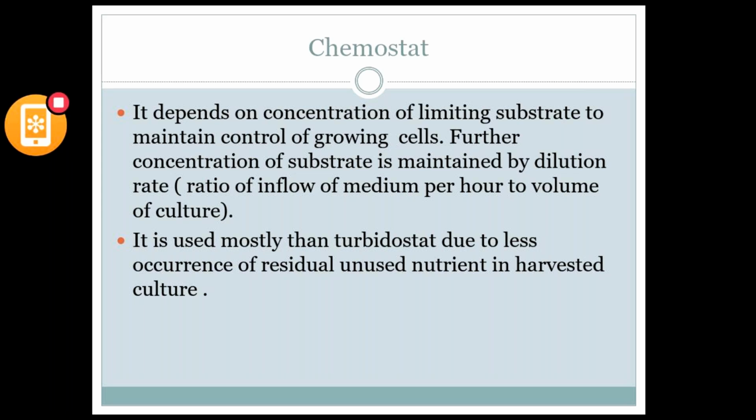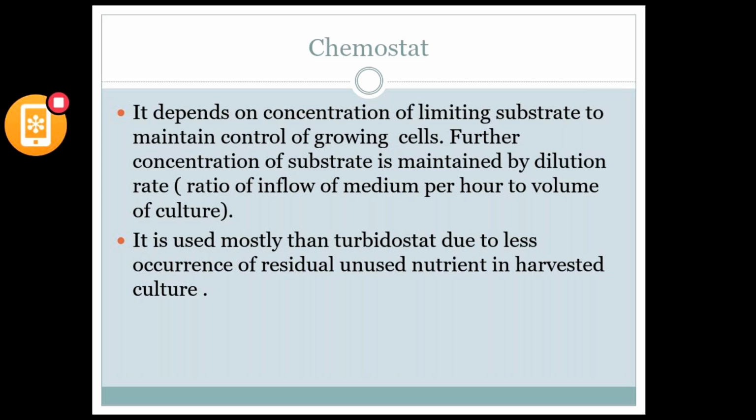So similarly, when we apply this to the chemostat, the main nutrient which is required for the growth is not given at the same time, because when we give the nutrient at the same time, at a particular time the microorganisms utilize it and the main nutrient gets exhausted. To prevent this, the main nutrient is added at a particular time lapse.